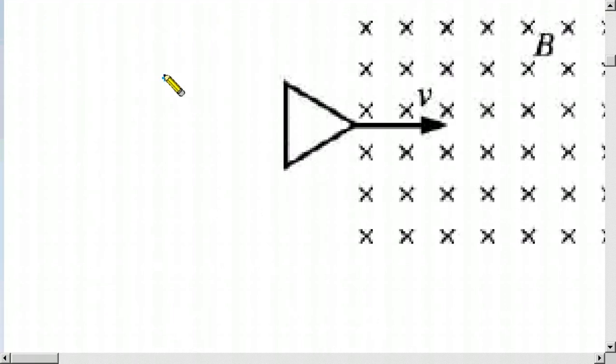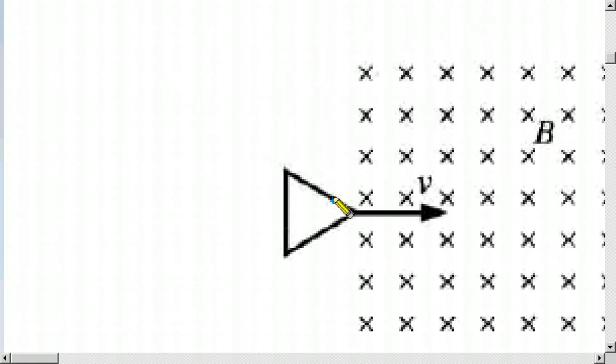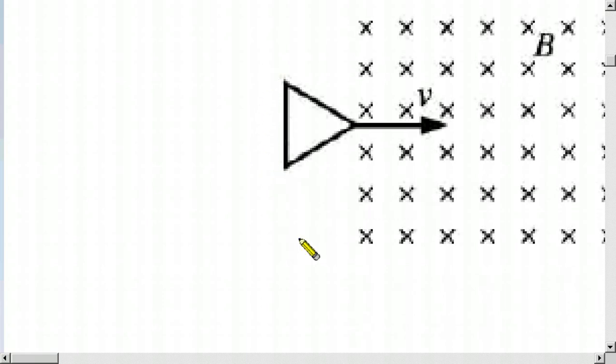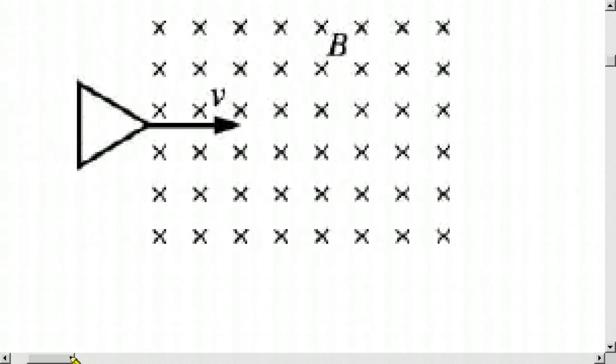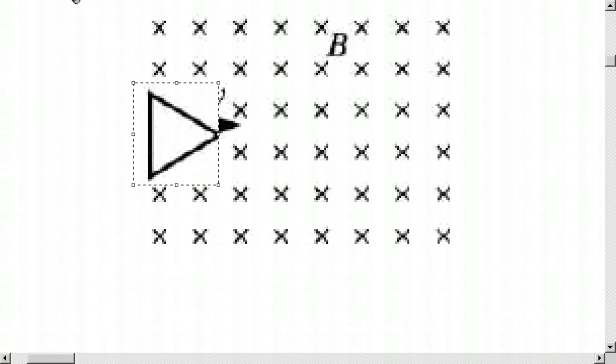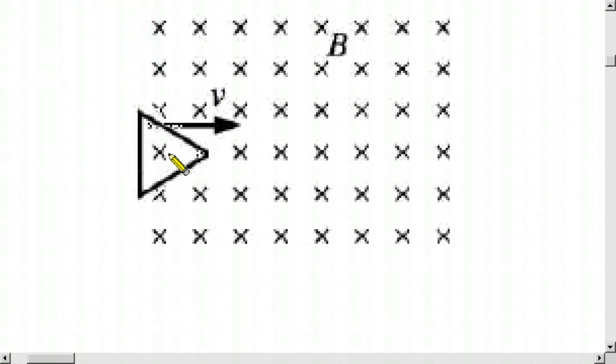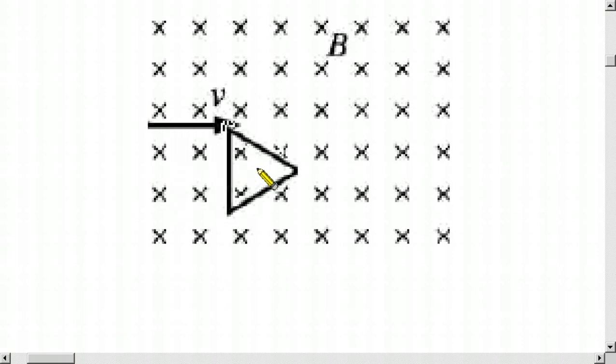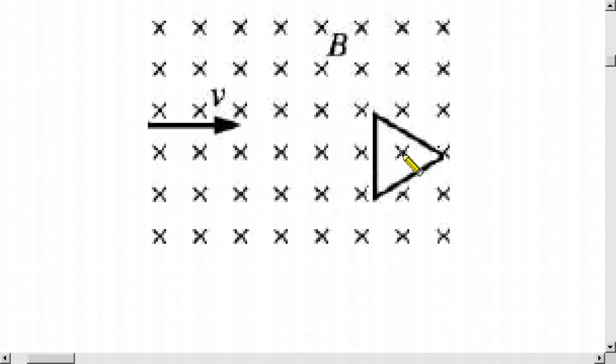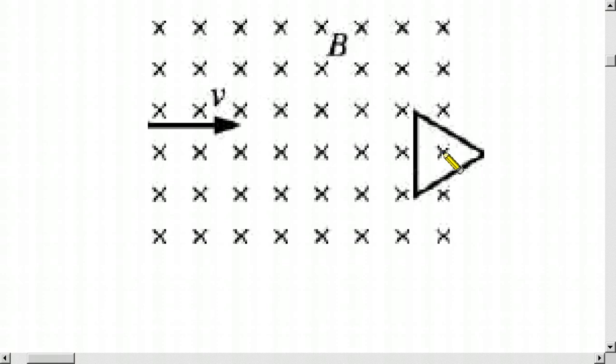Children, to solve this problem you should know two things. One is, if there is a loop like this, triangular or circular or rectangular, whatever it is, it doesn't matter, and it is passing through a magnetic field like this, when it is totally inside the magnetic field, you can't take this instant, because one half is out of the magnetic field and one half is inside.